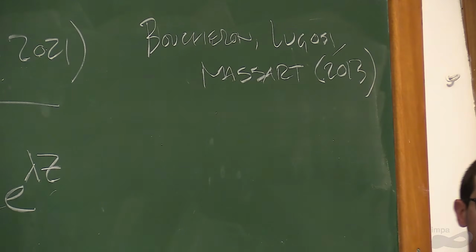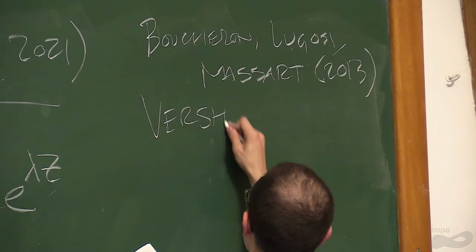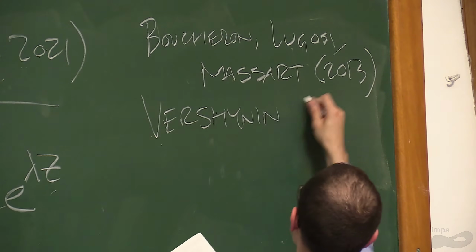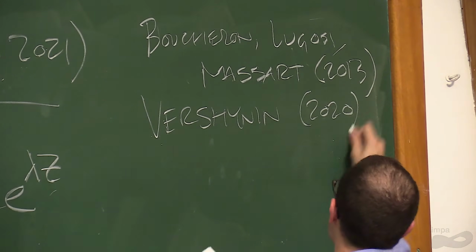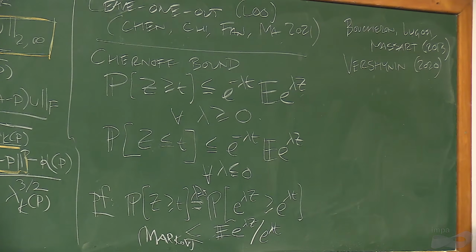I think the book is literally just called Concentration Inequalities. It's a fantastic book. I'll also mention, we were talking about this book over lunch today, and how much we all love it, Vershynin's book, 2020. Both of these give great treatments of the Chernoff bound and corollaries thereof. Corollaries thereof doesn't do justice to how much work goes into proving all of the downstream results, let's be clear.